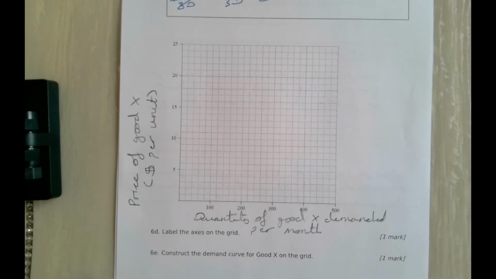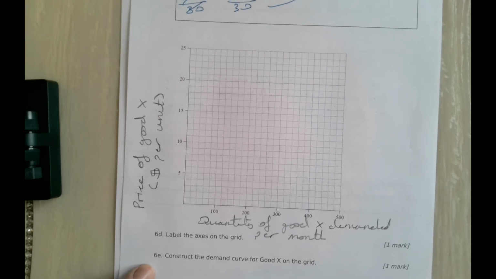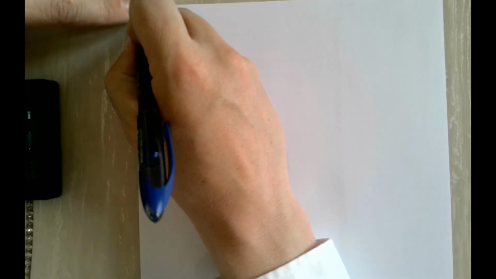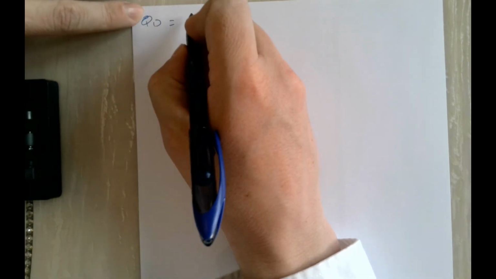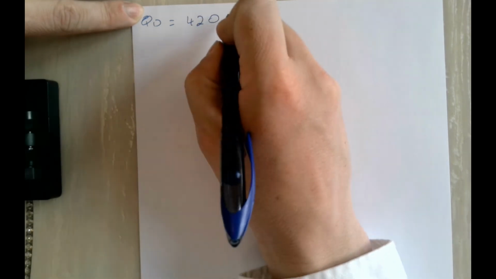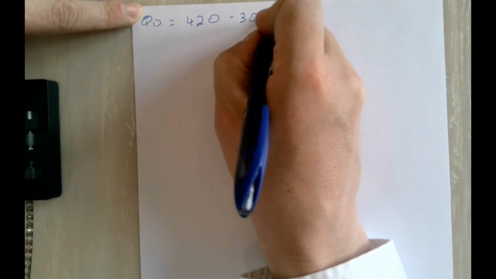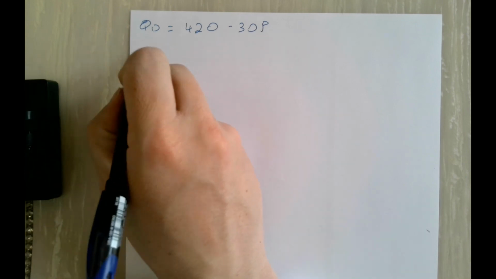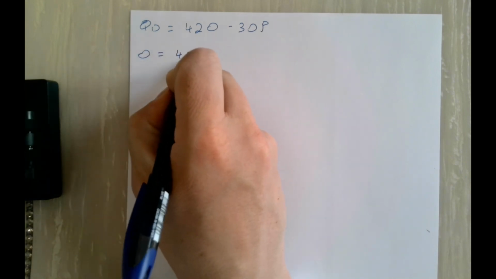Construct the demand curve for good X on the grid. Well, QD equals 420 minus 30p. Now, demand is usually easier to solve for than supply, because it's going to touch both the price and quantity axes within the top right, positive quadrant. So what you can always do is set quantity demanded equal to 0 and solve for price.